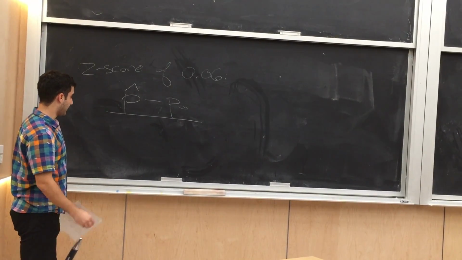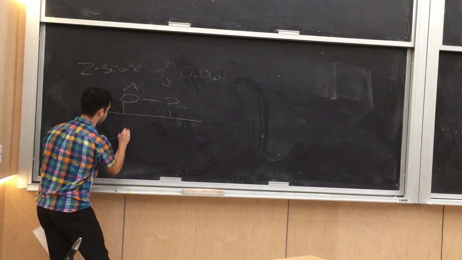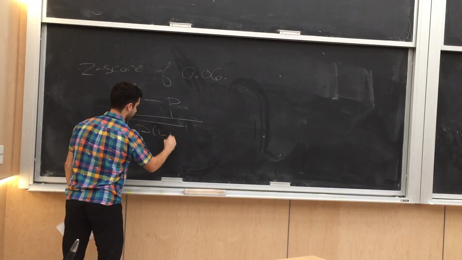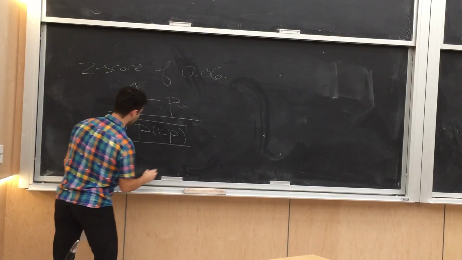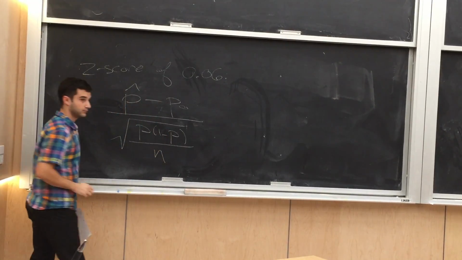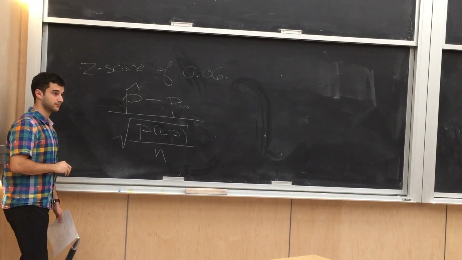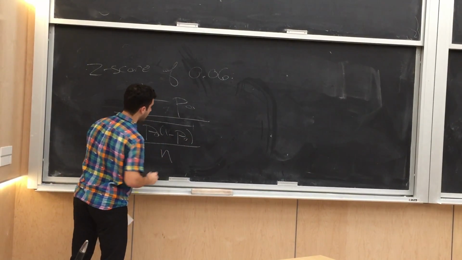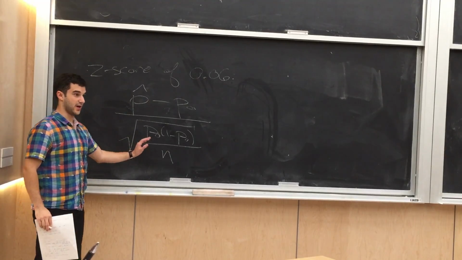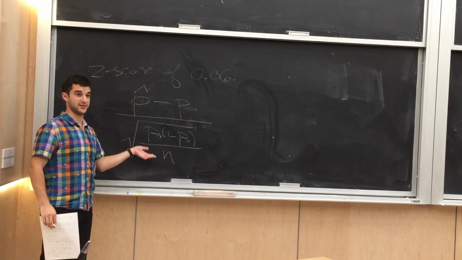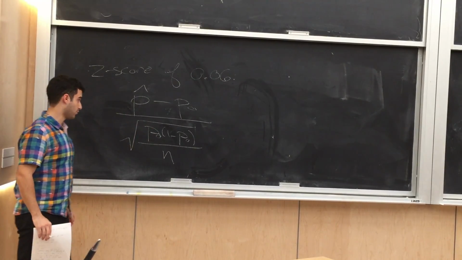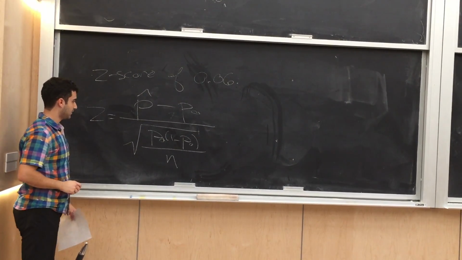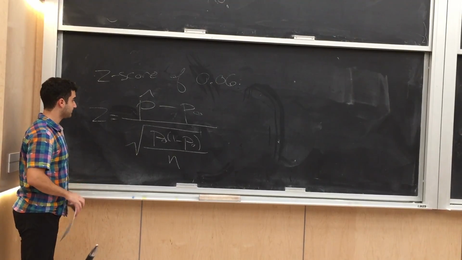If you look back in your notes, the standard deviation of this is the square root of p times 1 minus p, all over n. Actually, these p's are p naughts, because that's what the null hypothesis is telling us the proportion is. So this is our z.